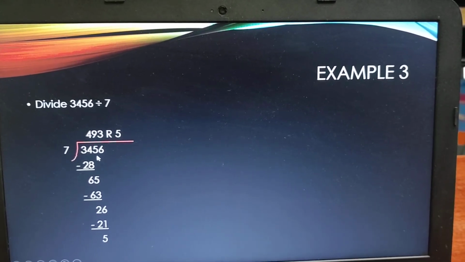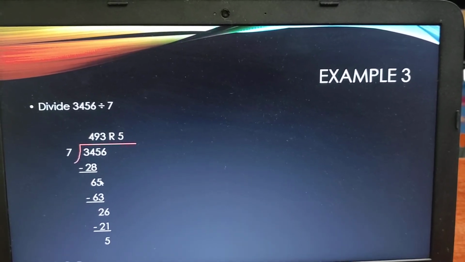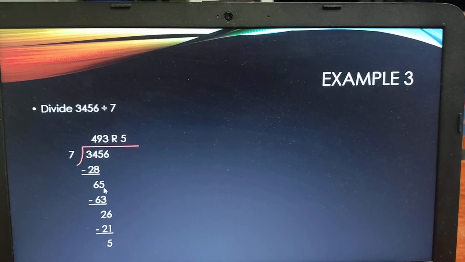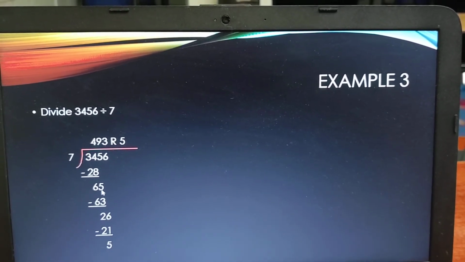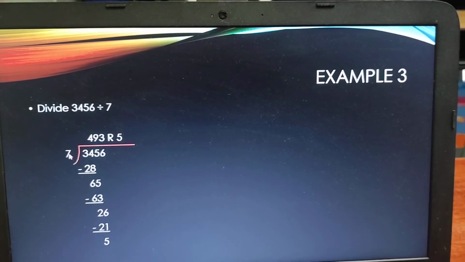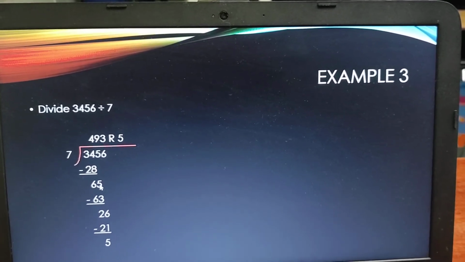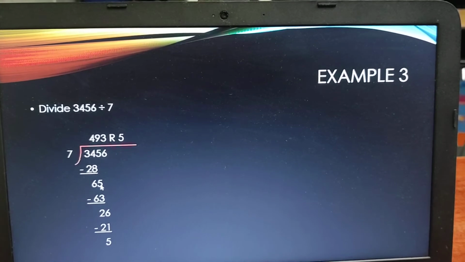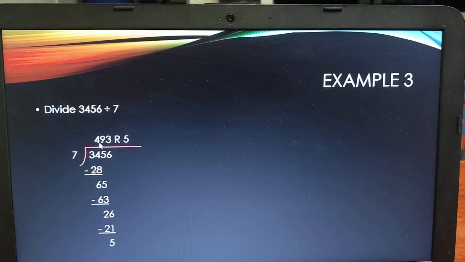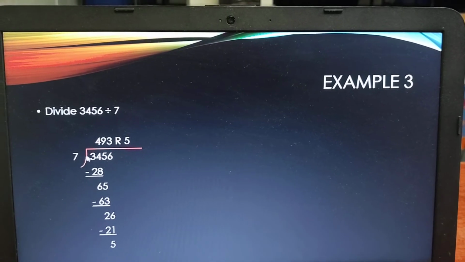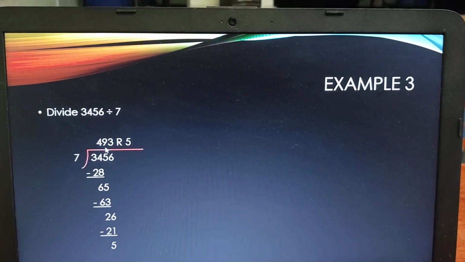I need to bring down my 5. Now that I bring down my 5, I have 65 here. So that's my new problem. I need to figure out how many times does 7 go into 65. Well, I think about it real hard, and I come up with 9. So 7 goes into 65 9 times.